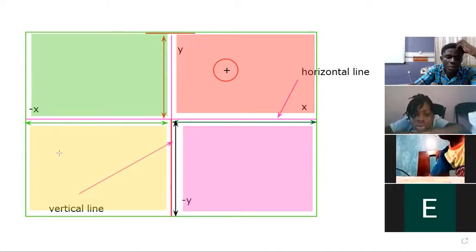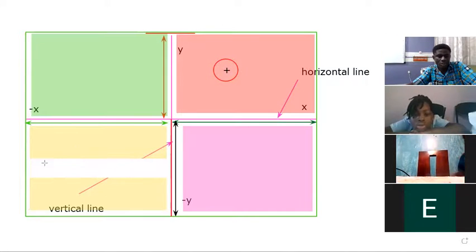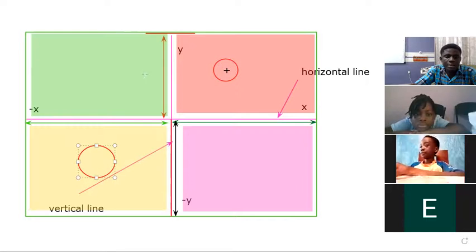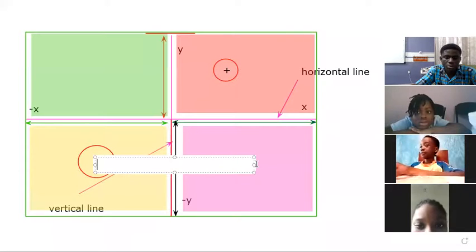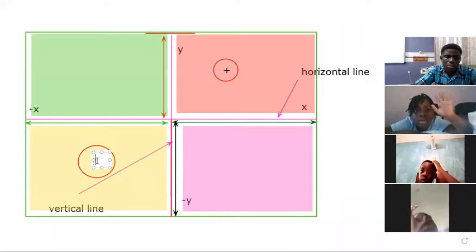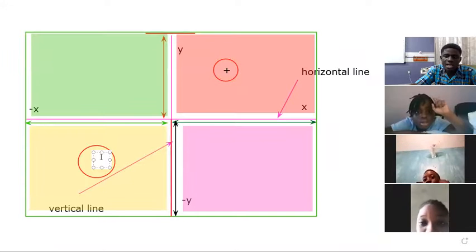If that is the case, then what sign should I write here? Who can tell me what sign I should write here? Negative.